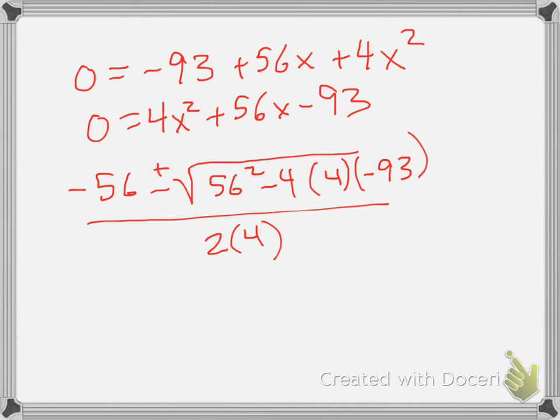If you solve that, you're eventually going to get 1.5 in one instance and negative 15.5 in the other. A distance can't be negative, so it has to be 1.5. So if x is 1.5, let's go back to the picture.